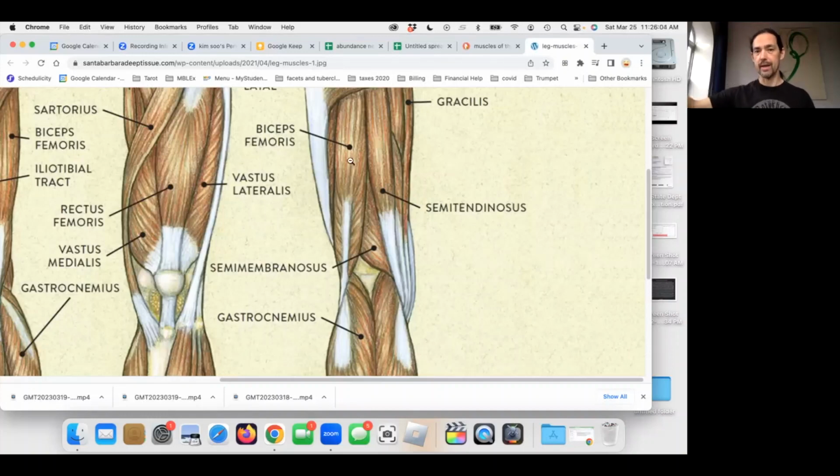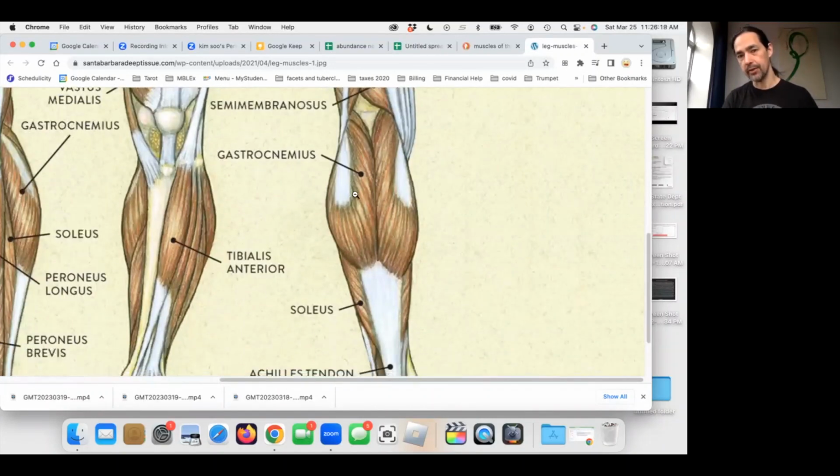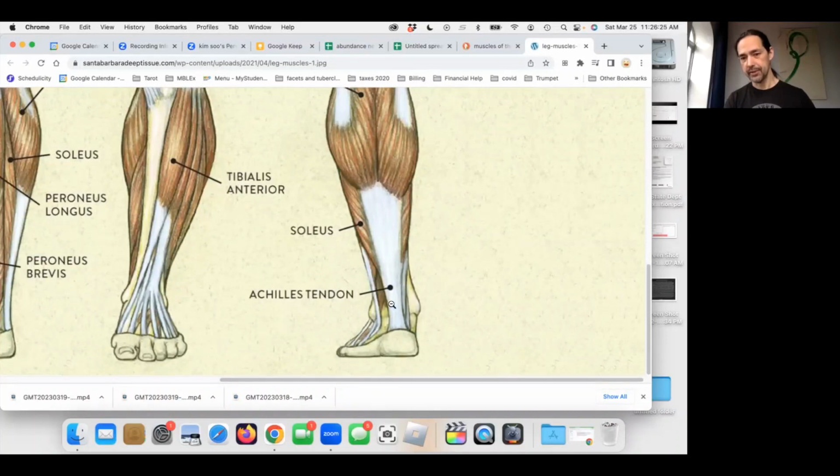And then over here is the biceps femoris. Now down below are the gastrocnemius muscle, and deep to the gastroc and below the gastroc is the soleus muscle. Here's the thickest tendon in the body, the Achilles tendon.